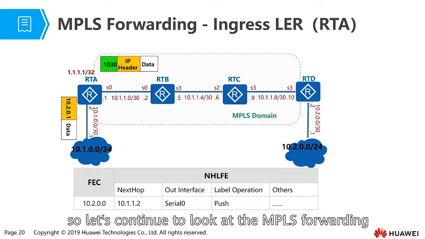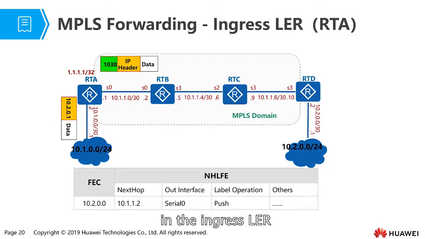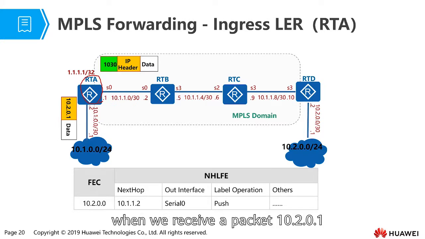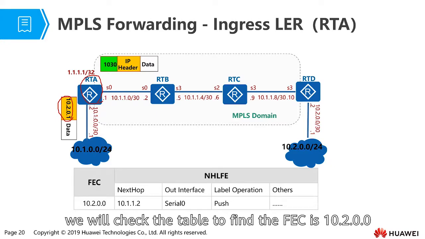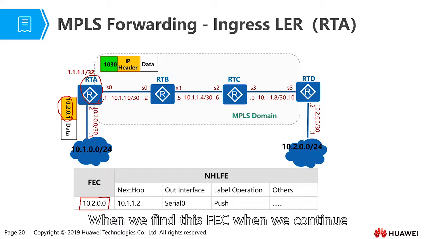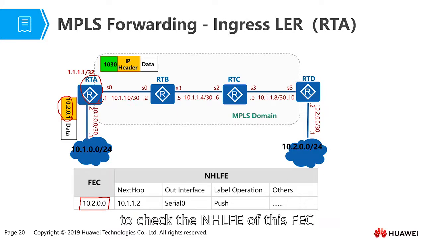Okay, so let's continue to look at the MPLS forwarding in the ingress LER. On router A, the ingress LER, when we receive a packet 10.2.0.1, we check the table to find the FEC is 10.2.0.0. When we find this FEC, we continue to check the NHLFE of this FEC.